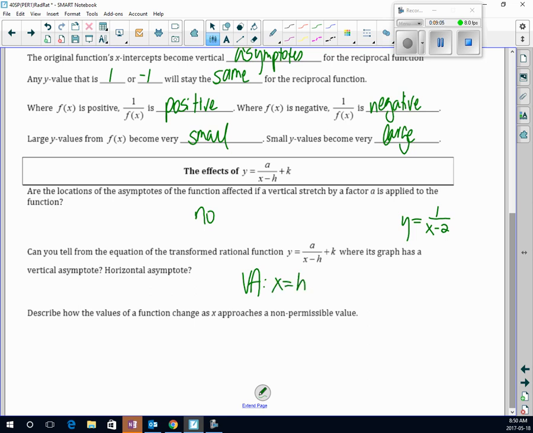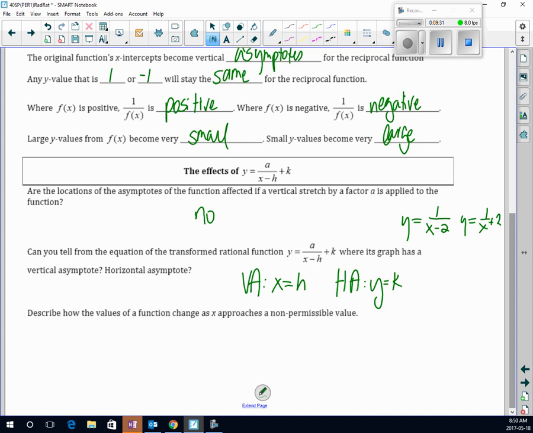Do you see that? What about my horizontal asymptote? Yes, k would get affected. If I give you an example, something like y equals 1 over x plus 2, that means the horizontal asymptote got shifted up 2. So again, instead of y equals 0, it would be y equals k.